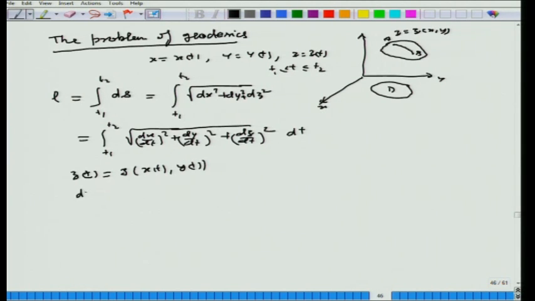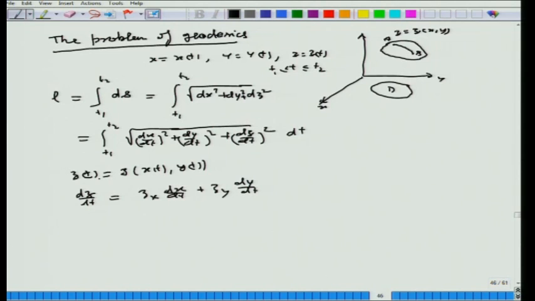From this, dz/dt must be z_x, the partial derivative with respect to x, times dx/dt, plus z_y times dy/dt. So, like this. Here there is a restriction that these points x, y, z must lie on the surface.